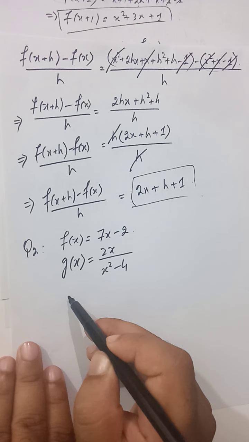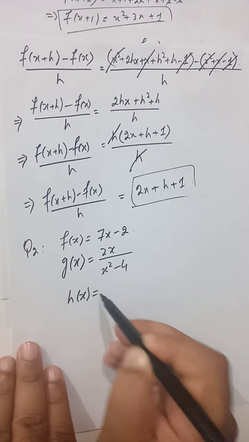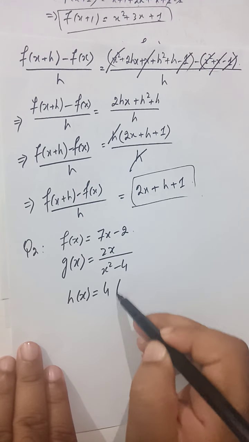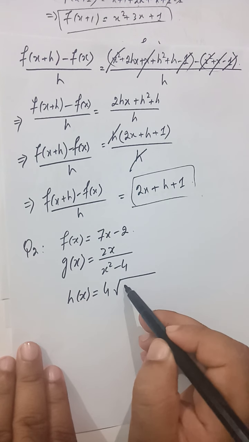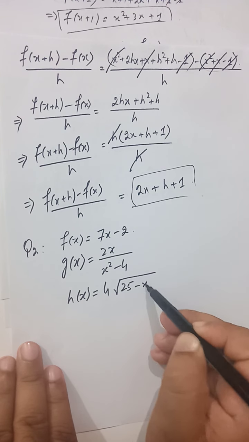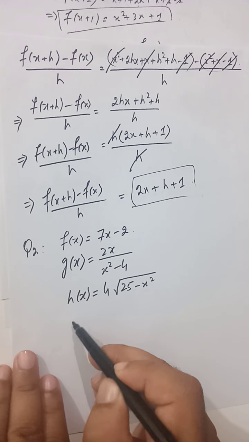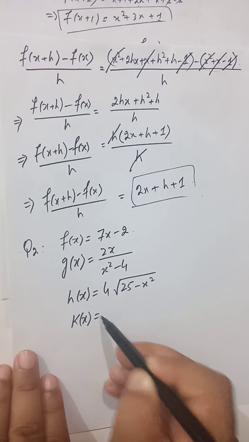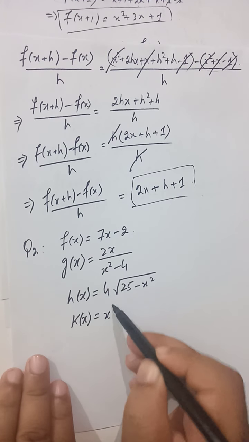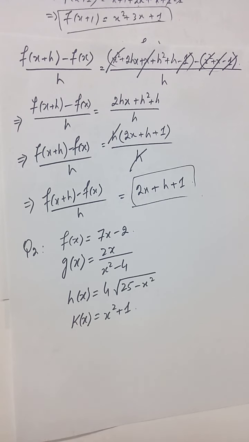The third function is h of x, which is 4 times square root of 25 minus x square. And the last function is k of x, which is x square plus 1. These are the 4 functions given in question 2.